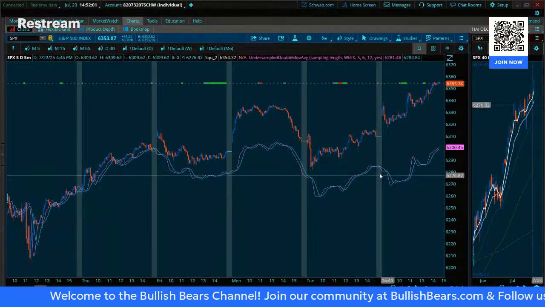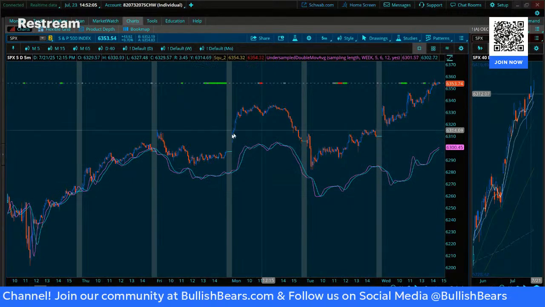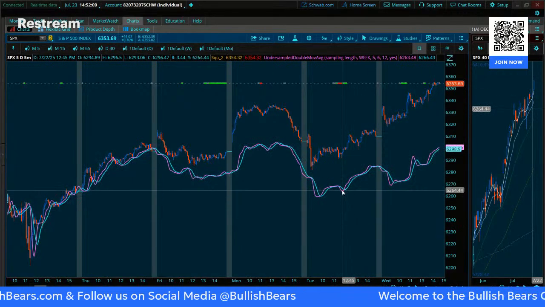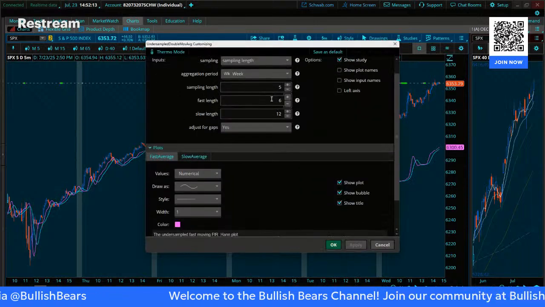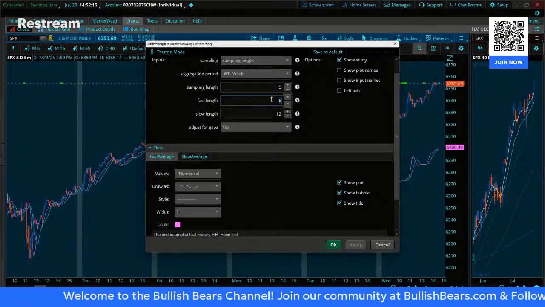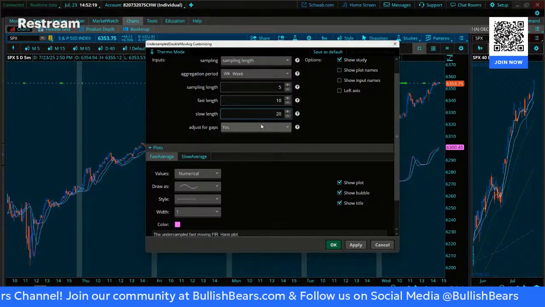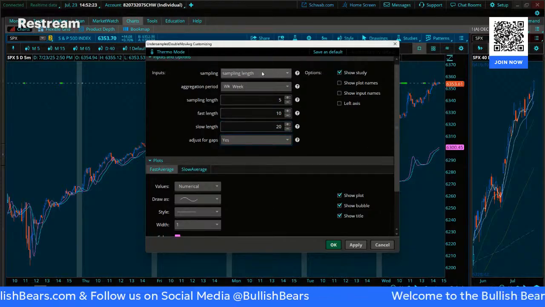That's where our TrendSpider style indicators come from. But I couldn't have a weekly, daily, and an intraday. And it adjusts for gaps. That's a very smart indicator.